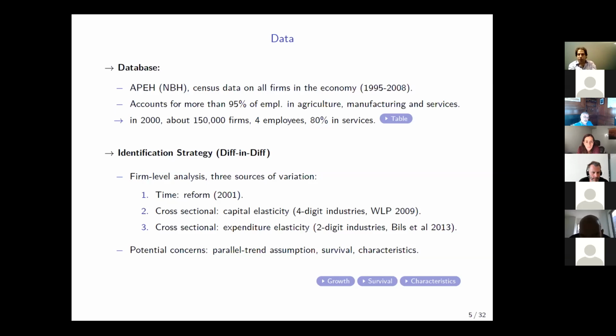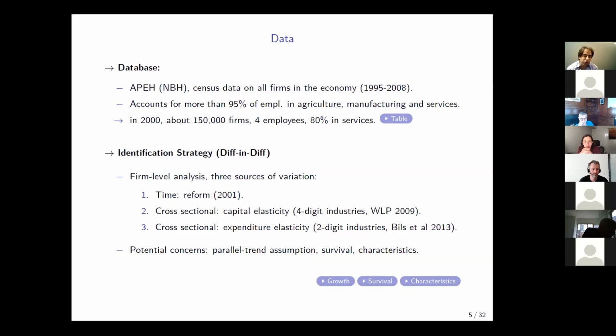The first one will have to do with the cross-sectional differences in capital elasticity. So here what we did was estimate production functions at the 4-digit level. And basically there what you have is a number that tells you how reliant on capital the production is at different 4-digit levels. Now, the other variation that we exploit has to do with demand.